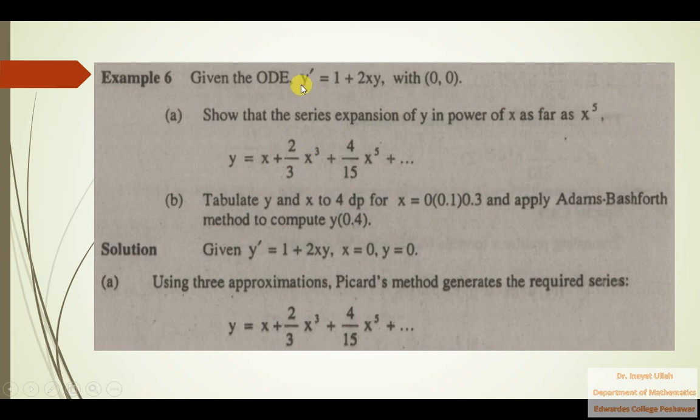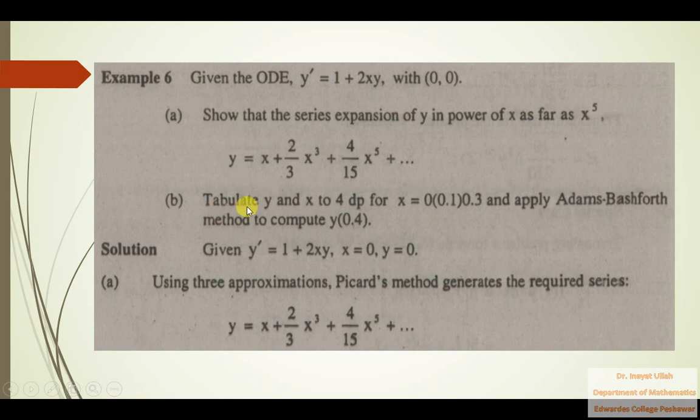We need to solve this differential equation up to x to the power 5 by any method, by the Picard method or by the Taylor series method or whatever, to get this answer y is equal to x plus 2. Actually this is the series solution, so we need to use the Picard method or the Taylor series method to get it.